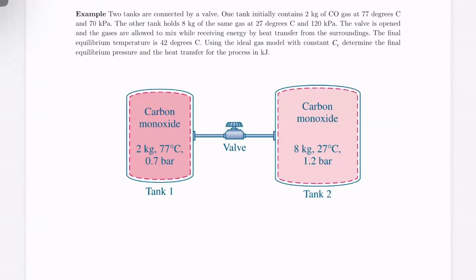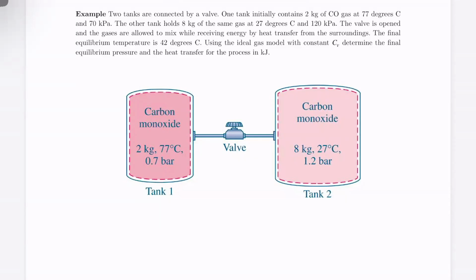Okay, so we have two tanks connected by a valve. One tank initially contains 2 kilograms of carbon monoxide gas, at 77 degrees C and 70 kPa. The other one holds 8 kilograms of the same gas at 27 degrees C and 120 kPa.